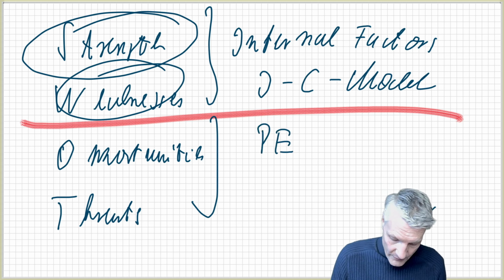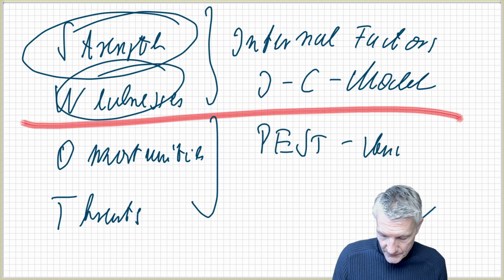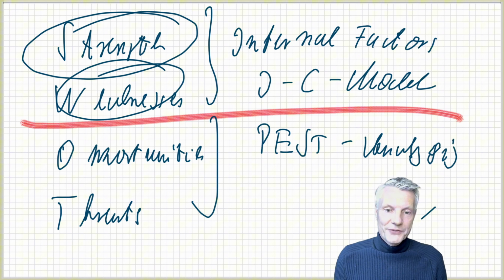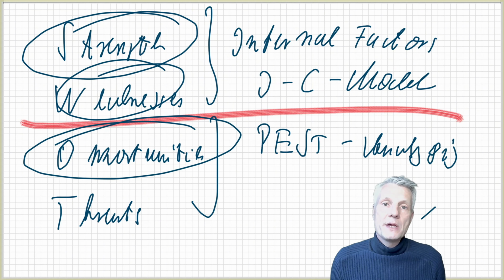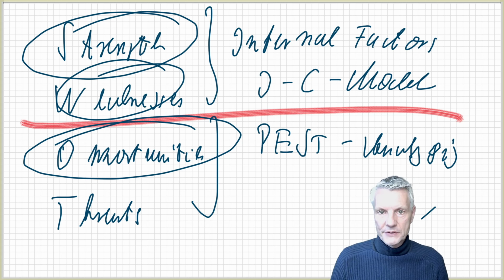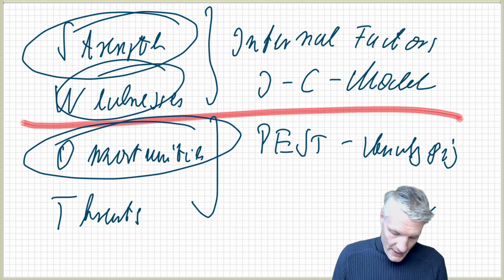They are coming from the PEST analysis. Excuse my handwriting. For example, an opportunity may be the demographic shift that we encounter in many countries. It is not clear whether this can be capitalized on by a respective company, but it is an opportunity.